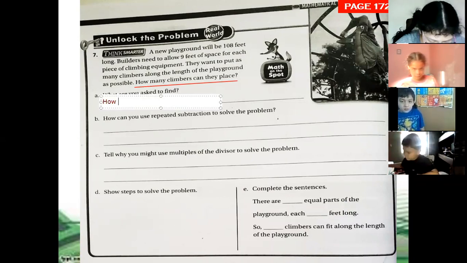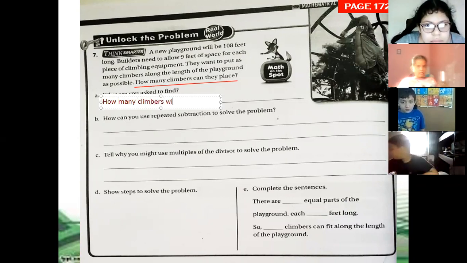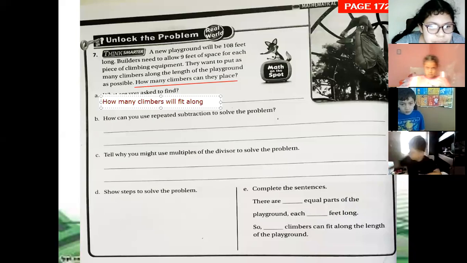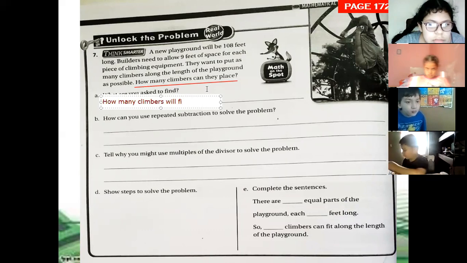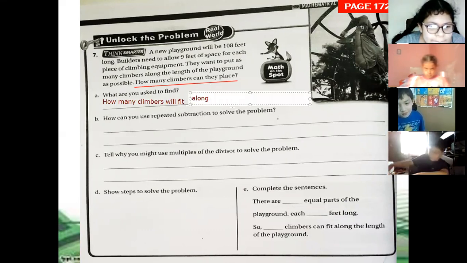How many climbers can they place along the length. Length is longitud, along the length of the playground.